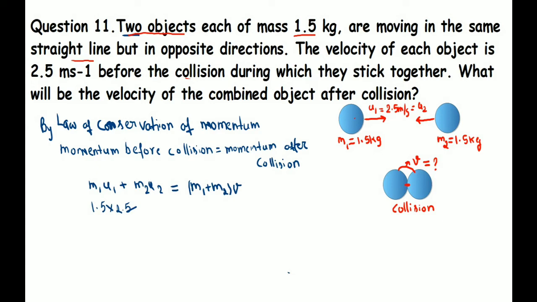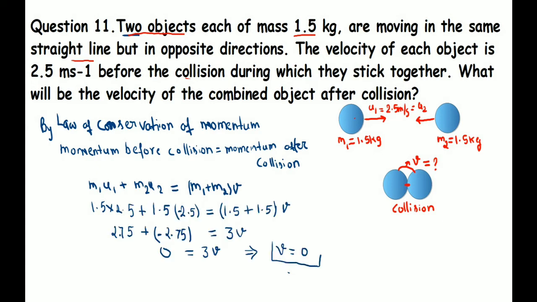Now on the right hand side, placing the value of the first mass and second mass, the final velocity is unknown. Now what will happen? When we solve 1.5 into 2.5, we will have one value, but these two values are equal and opposite, so they will cancel each other out.